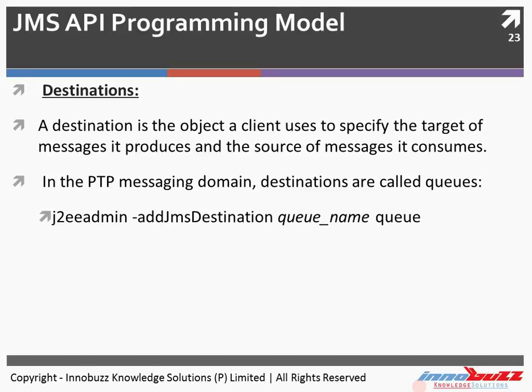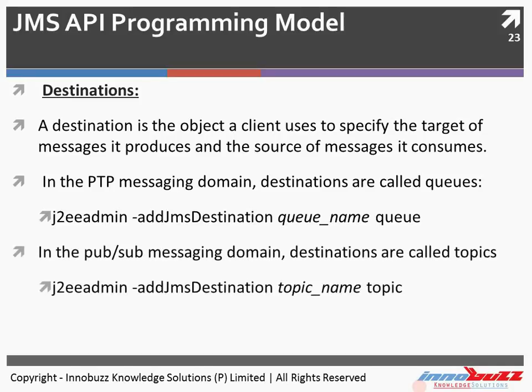In this training, you can see the basic use of the J2EE server. Using this, you can set up the queue name which you want, giving the new name. Here the destination will be added with add JMS destination. These commands should be executed at the command prompt when you are using the J2EE server.